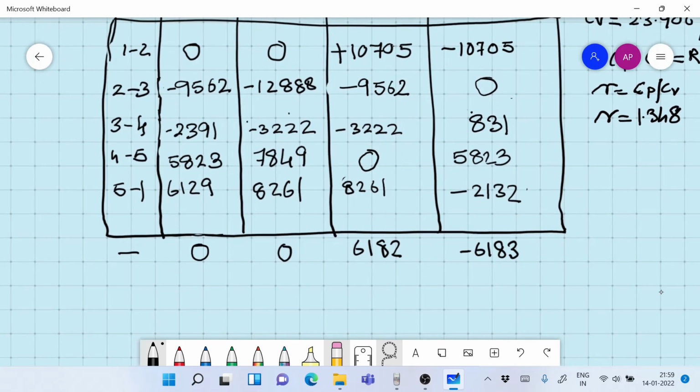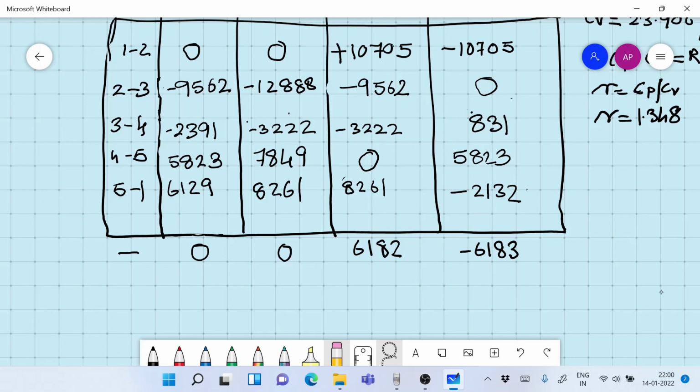Now we need to understand here, we get a difference of 1 in some cases because we have rounded off the decimals as per the rule that if the decimal is 0.5 or less, we take the lesser value, and if it is greater than 0.5, we take the higher value in the units place.